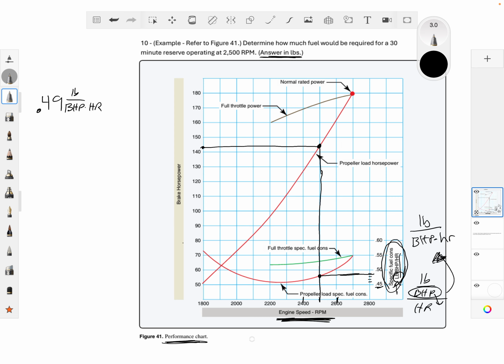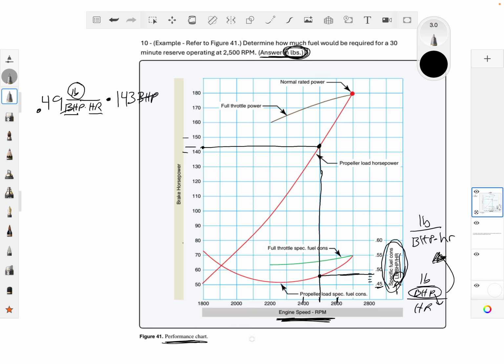So we know that we want to have our answer in pounds. The only thing left in this set of units right here is going to be pounds. Therefore, I'm going to need to multiply by brake horsepower and by hours to get rid of those units. So we need to come over here and get our brake horsepower. We are somewhere between 140 and 150. I'm going to go ahead and just say 143. So we'd have 143 brake horsepower.